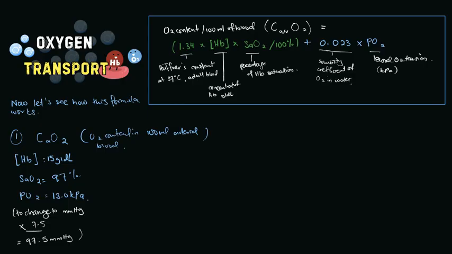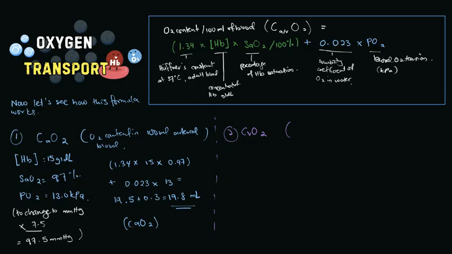So 13 kilopascals gives about 98 millimeters of mercury. Putting the values into the equation gives 1.34 times 15 times 0.97 plus 0.023 times 13. This gives 19.5 plus 0.3, a sum of 19.8 mL. This is the oxygen content in 100 milliliters of arterial blood.